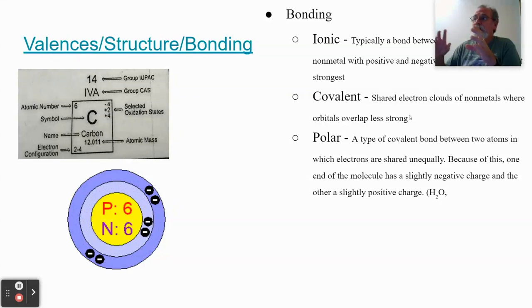Polar bonds. Now, when you have these nonmetals combining, sometimes if they're not symmetrical or are uneven, they end up having a polar end. Like water will set up at an angle like this, and the reason is the 2 hydrogens don't want to get close to one another, and that weights one end of it to become polar.